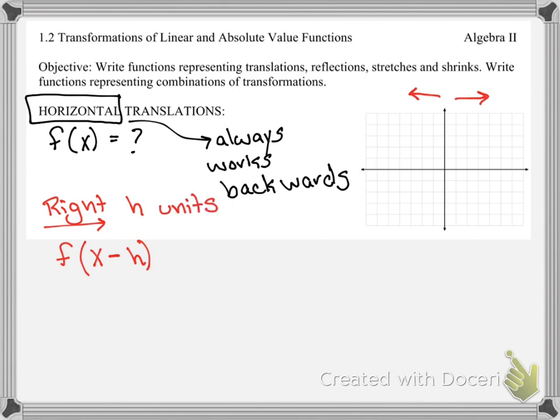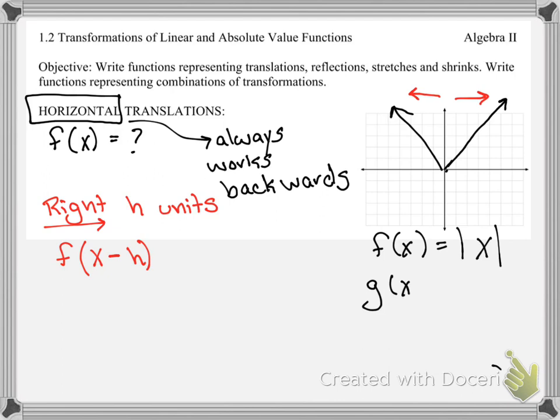So if I draw in my absolute value function, for example, if I have my function equals the absolute value of x, and I want to move it to the right, let's say 3 units, my new function would have to take my old function, my f, and subtract 3 if we want to go 3 units.